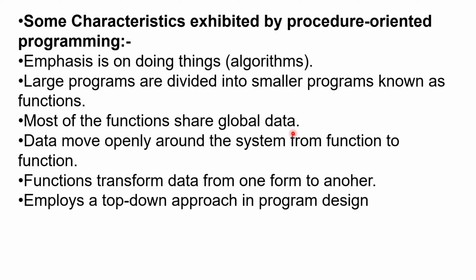That is also, in some terms, its disadvantage. Data moves openly around the system from function to function, and functions transform data from one form to another, and it employs a top-down approach in program design.